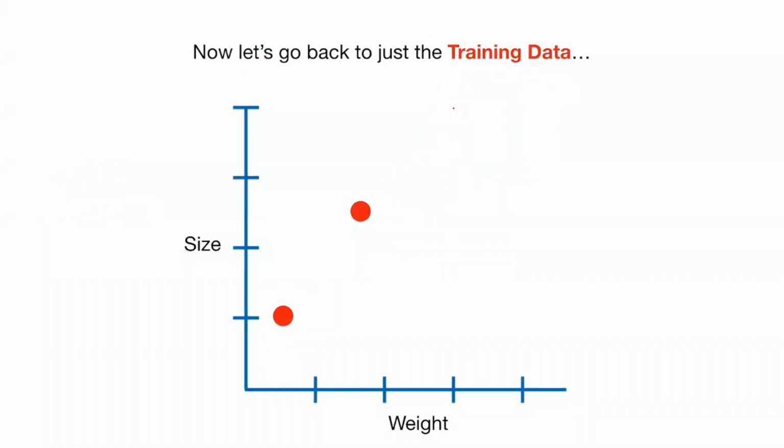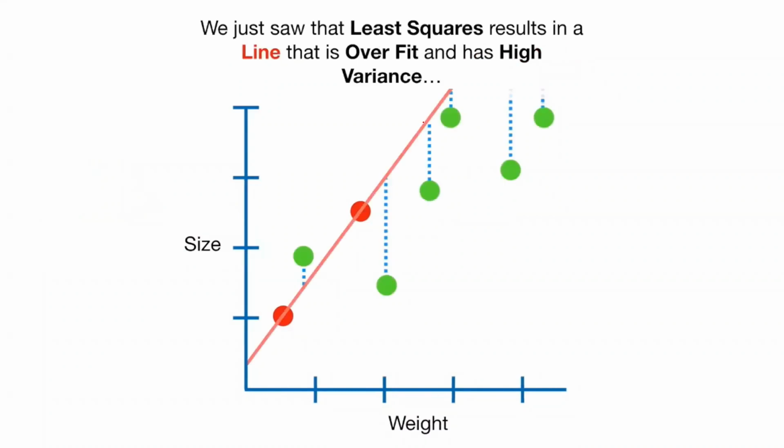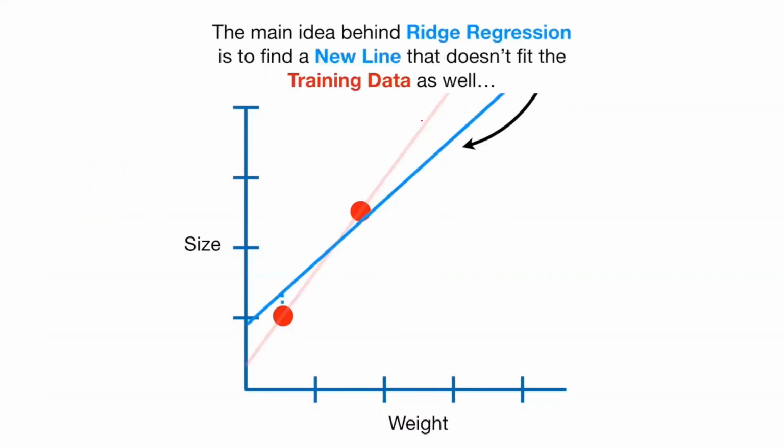We will go back to the training data, and since we have a high variance, it is an overfit scenario, so we will try to bring in some bias in the data. This is the main idea behind ridge regression. It will make your line less steep.